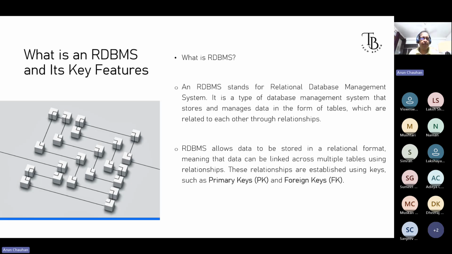Here we are talking about the definition of RDBMS. It's typically any system where you are storing data in the form of relations. When you set up a relationship, it's more in the form of primary keys and foreign keys. For example, there is an order ID, where the order details for a particular order, say customer name, address, and many more things, are listed.